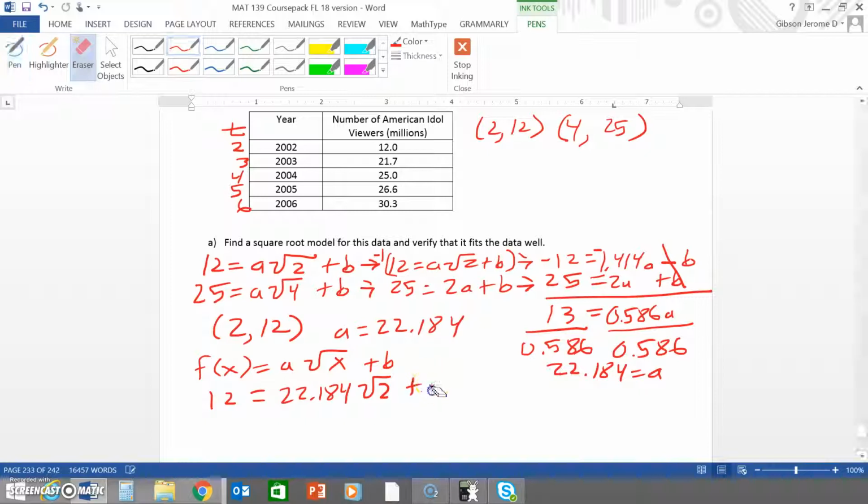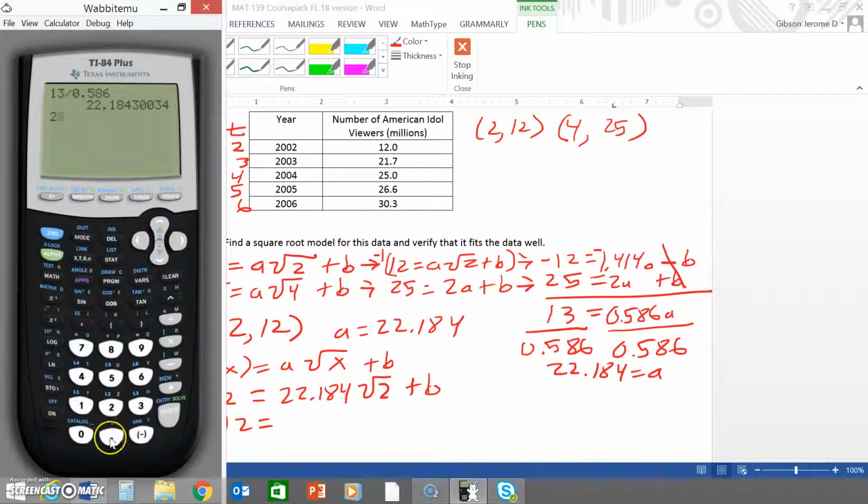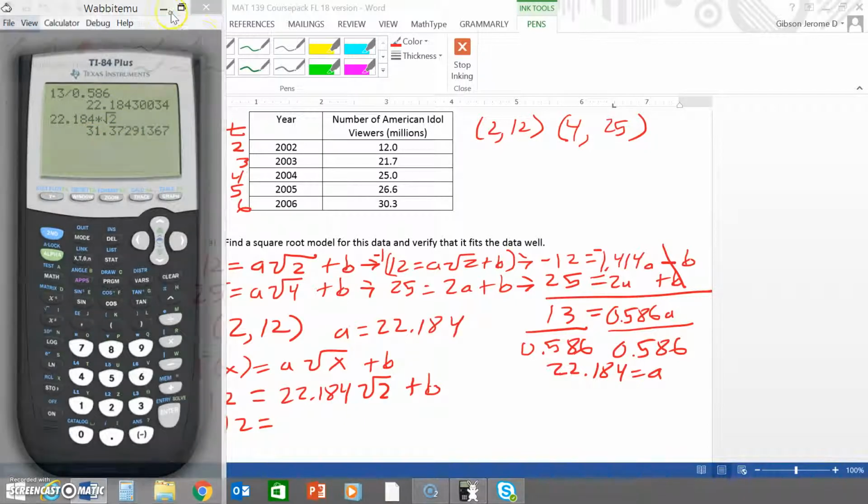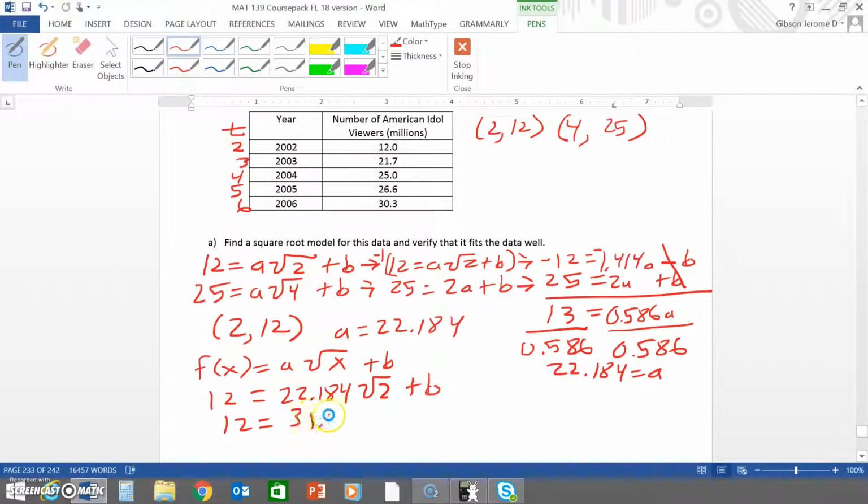Now, because we're solving for b, we would have 12 is equal to, we would take our calculator and take 22.184 and multiply it by the square root of 2. And that gives us, if we round to 3 decimal places, 31.373 plus b.